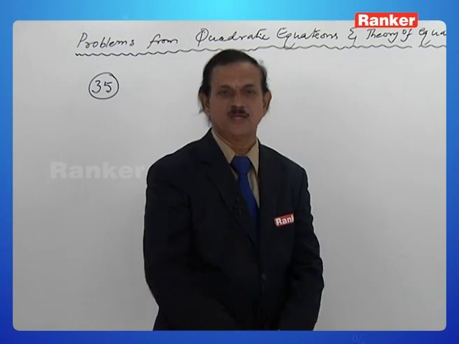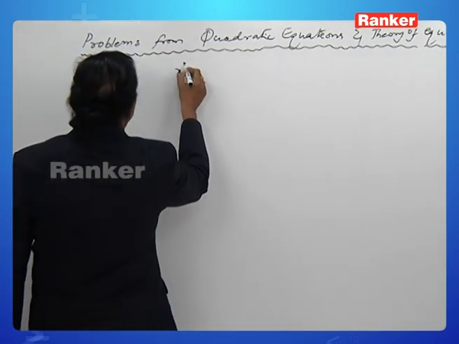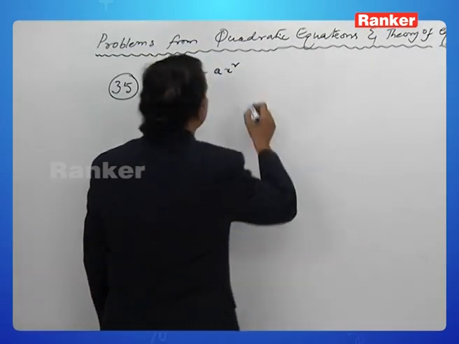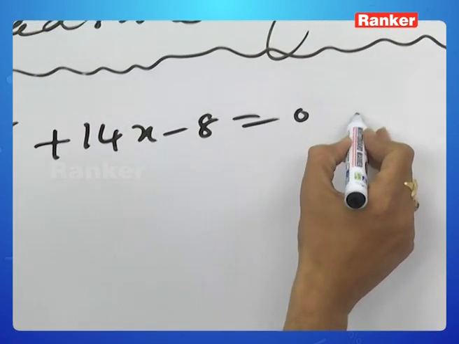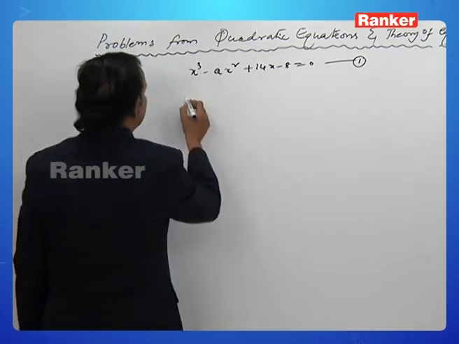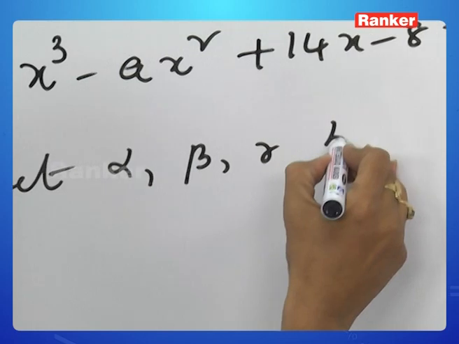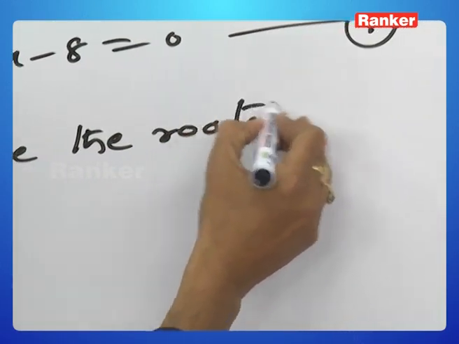Let us observe the equation. What is the given equation? x cube minus ax square plus 14x minus 8 is equal to 0. Let me call this equation 1. Let alpha, beta, gamma be the roots of 1.